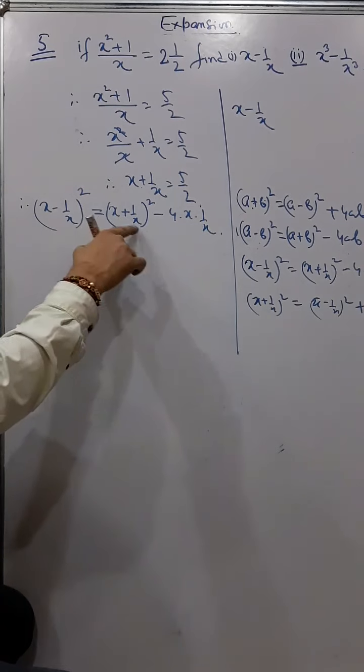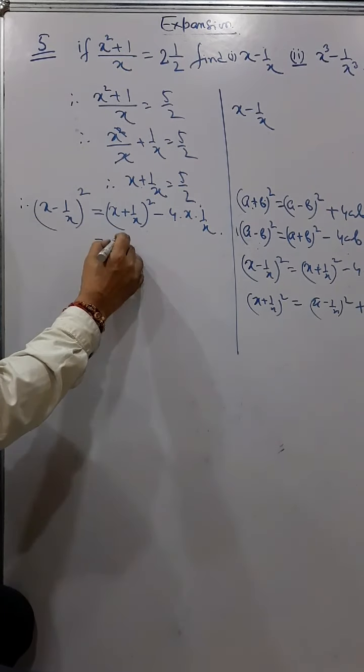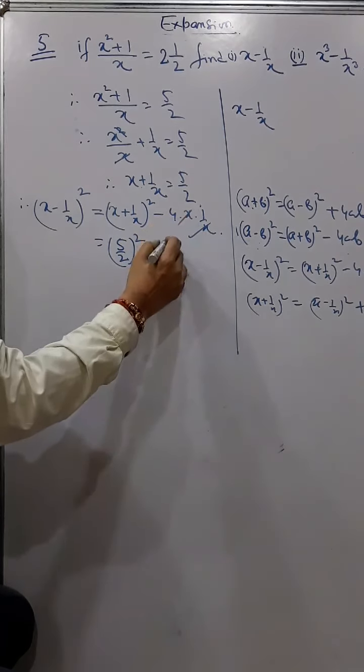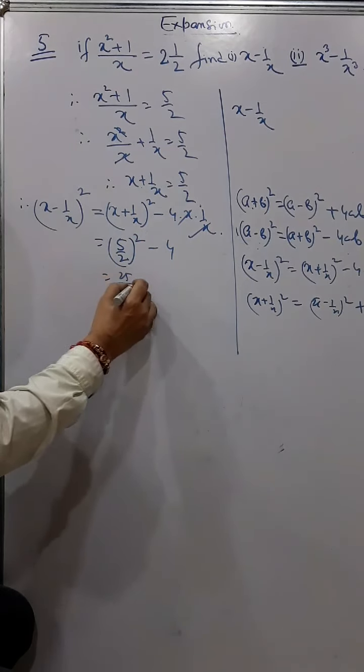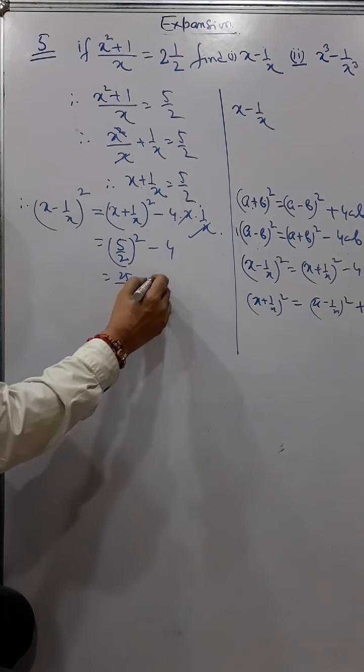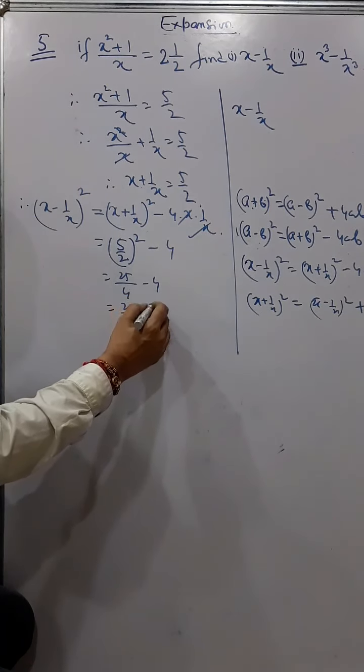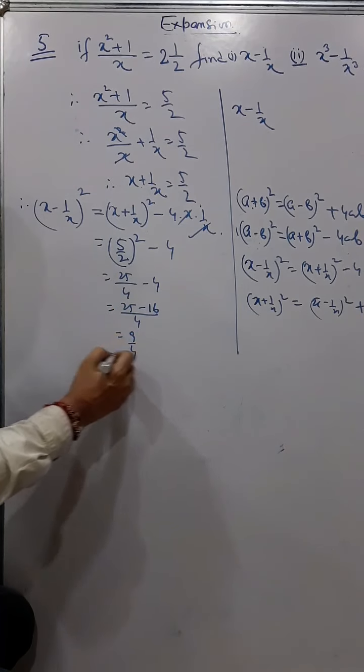So here we got x plus 1 by x whole square as 5 by 2 whole square minus 4. We get 25 by 4 minus 4, we get 25 minus 16 by 4, and we get 9 by 4.